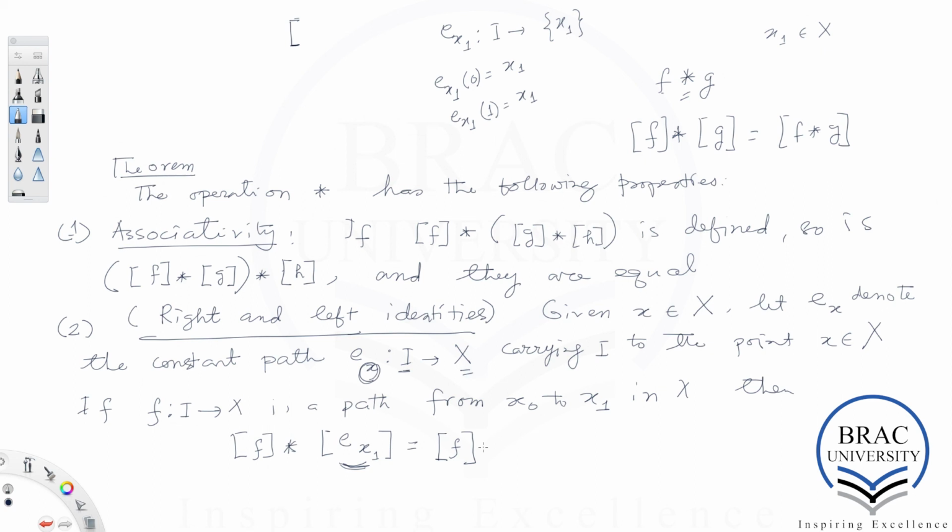And for the left identity, the class of e sub x0 star the class of f is the same as the class of f. This is the left identity, and this is the right identity. Okay, good.